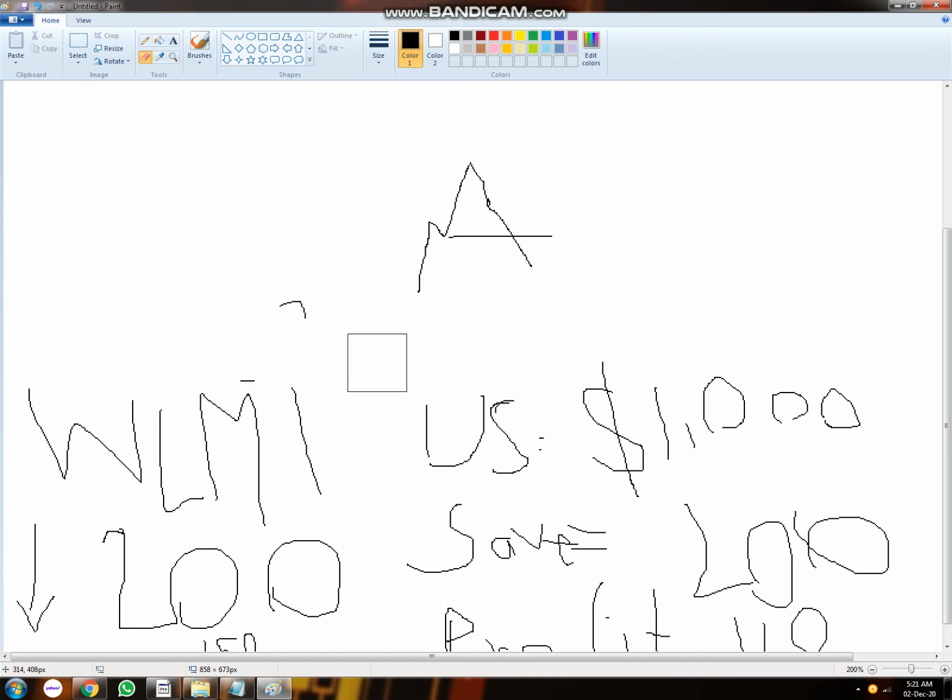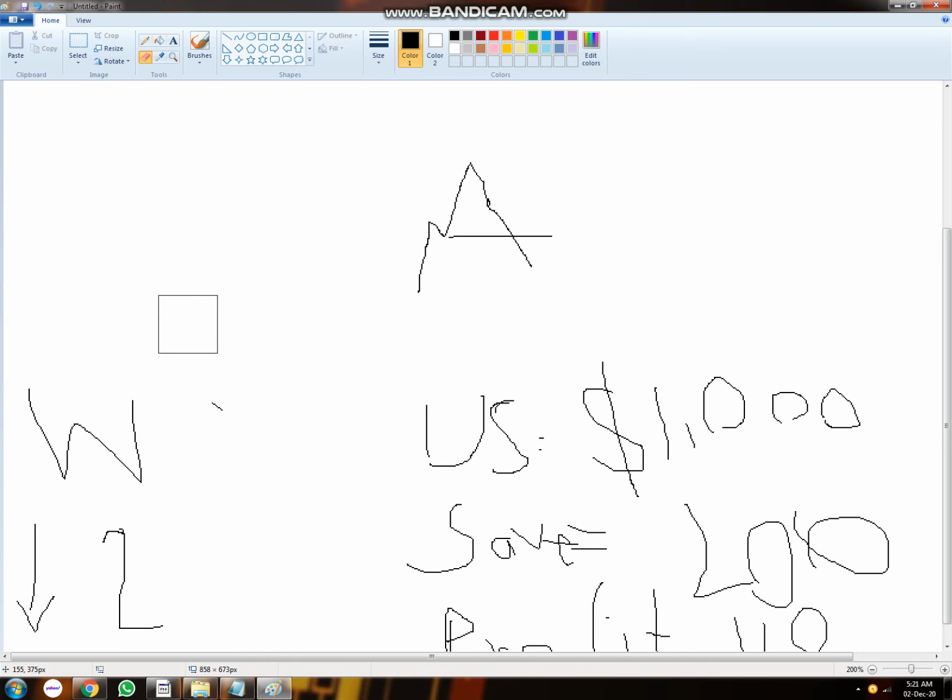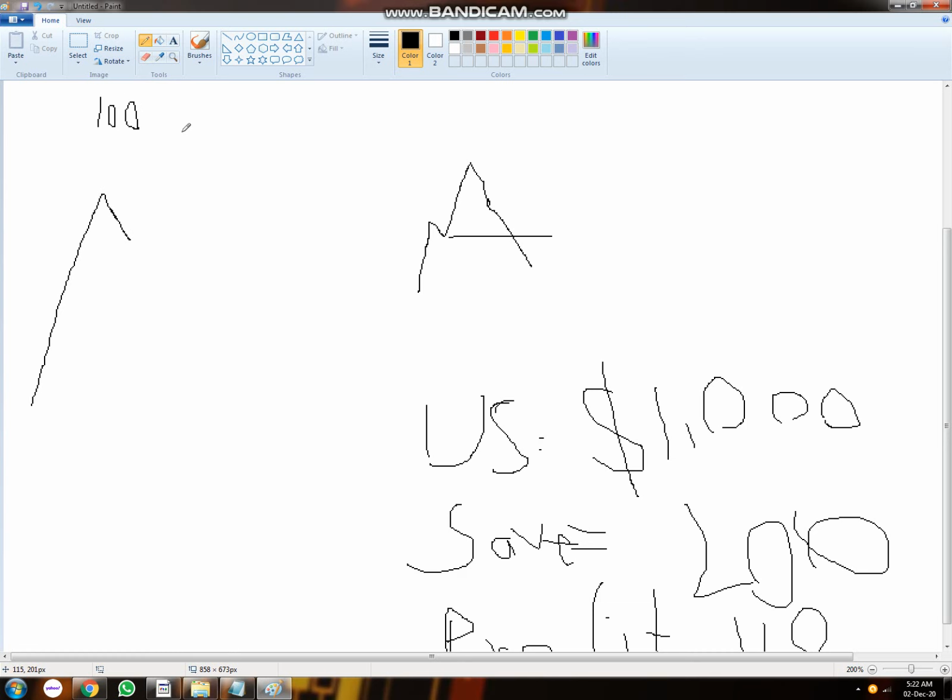Now another method I want to show you is this one. Let's say the stocks went up like this. You purchase the stocks here and stocks start to decline. So what you can do here is sell, like if you have 100 stocks, sell 60 of them, or 50, sorry.